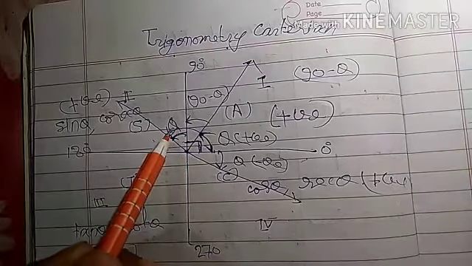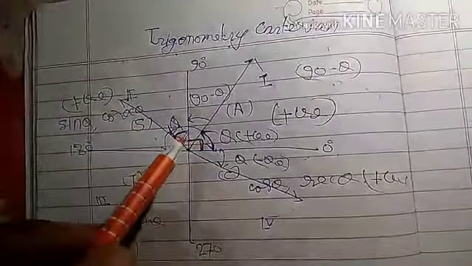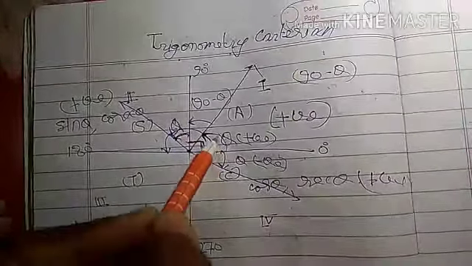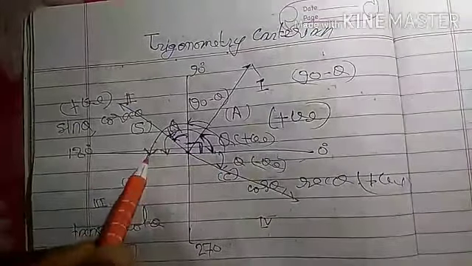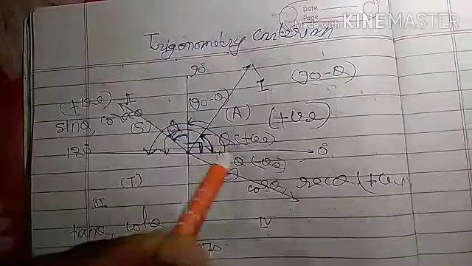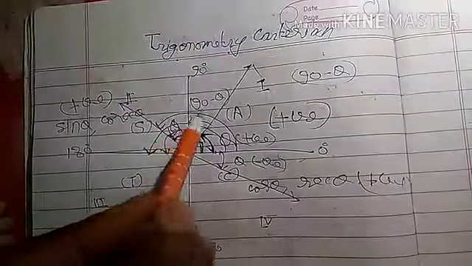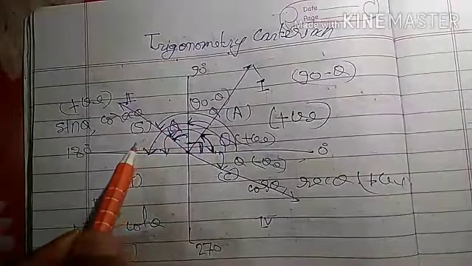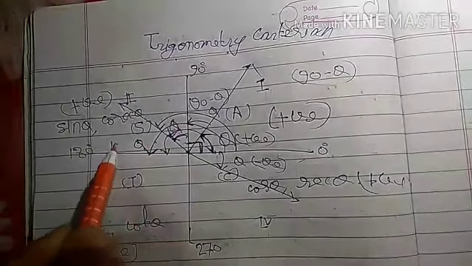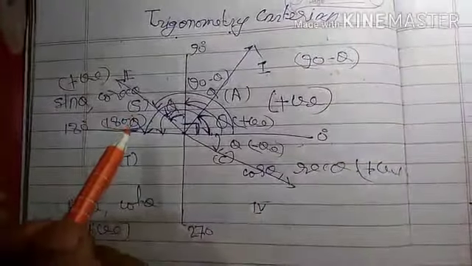Suppose this angle is theta degrees and this angle is 90 degrees. In total this angle is 180 degrees, and suppose this angle is theta degrees, so this angle is 180 minus theta degrees, which is in the second quadrant.